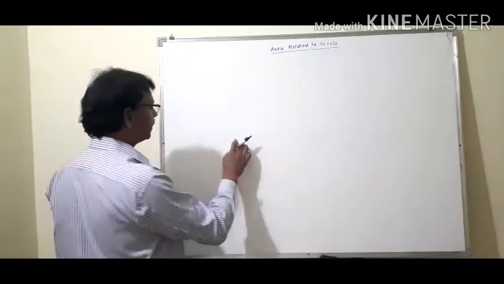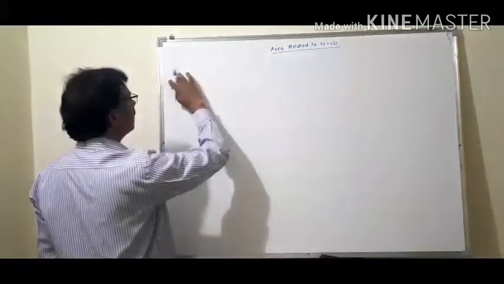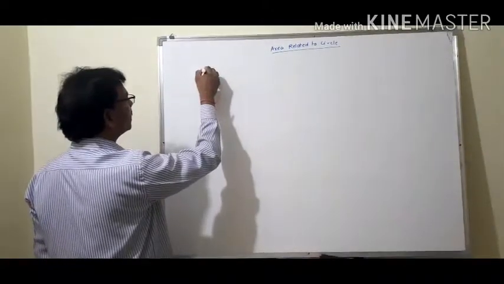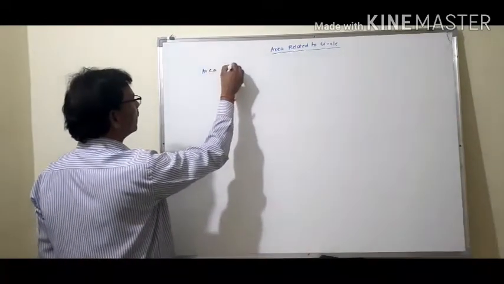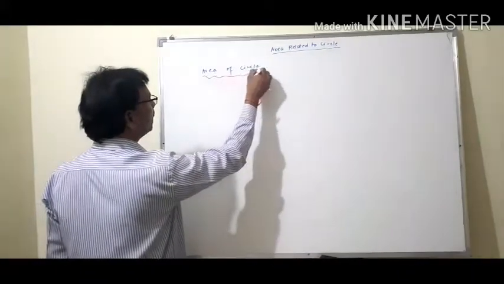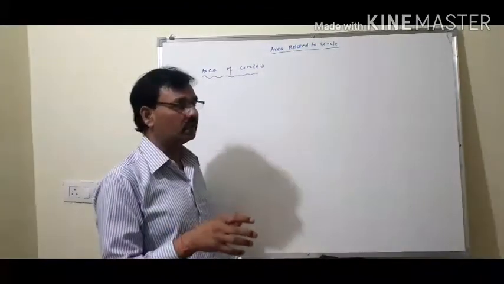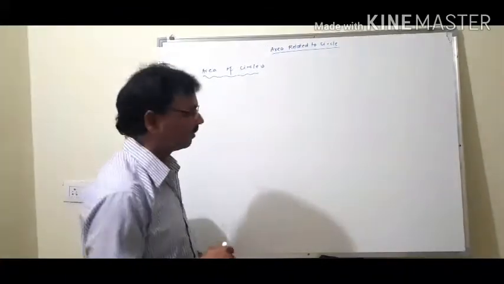Here we want to define the area of a circle. The mathematical definition of the area of a circle is the area of the region contained by any circle.